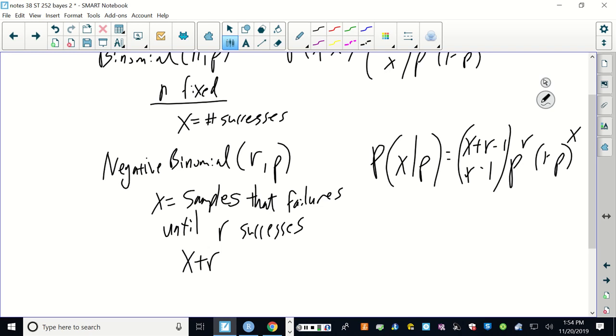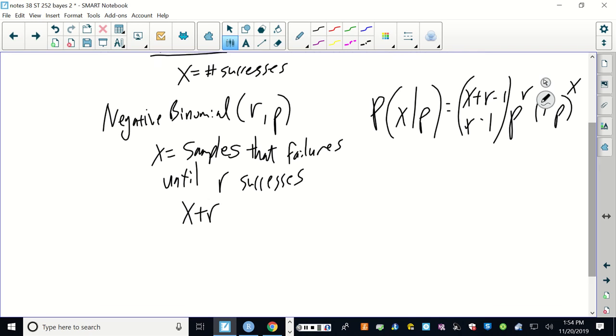The last one has to be a success. So there's a combinatoric thing out here that's a little bit different. Well, both of these models have a proportion between 0 and 1. So we could use a beta prior distribution for either one, right? It's a reasonable thing for that.